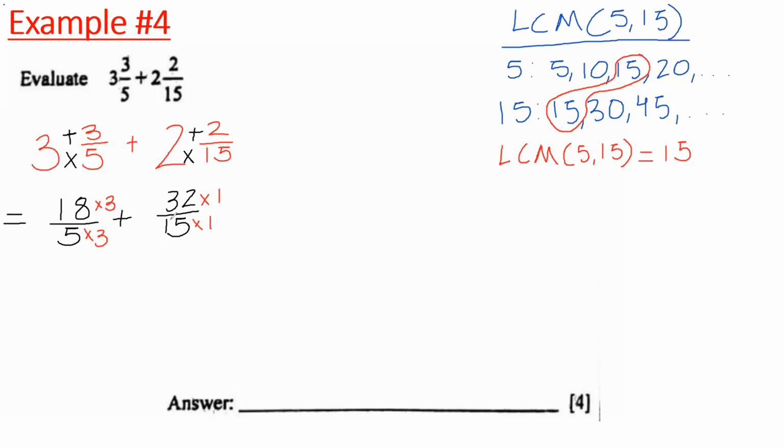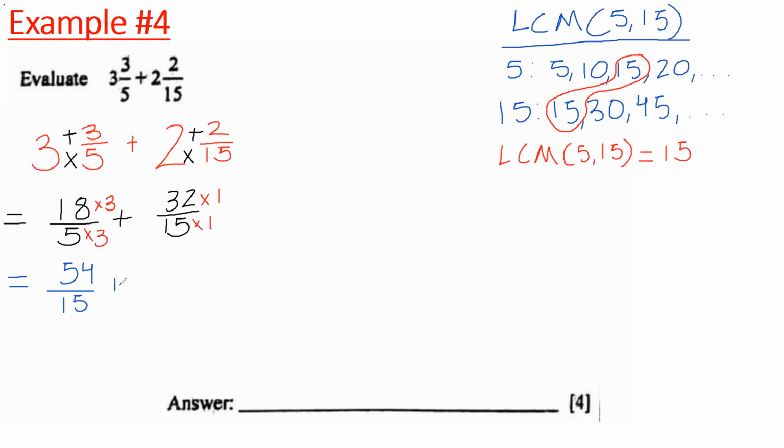Very good. Now we have 18 times 3. What is 18 times 3? That's 54. And then we have 5 times 3, which is 15.